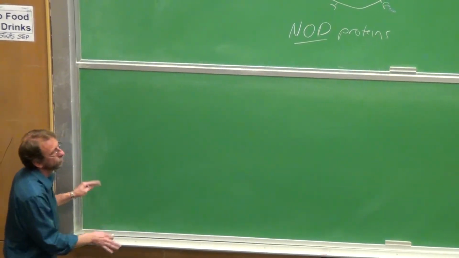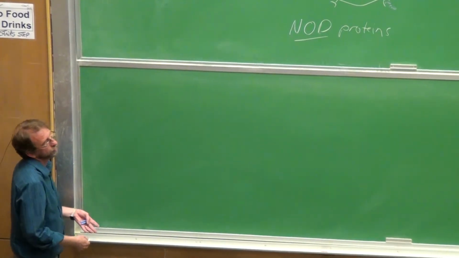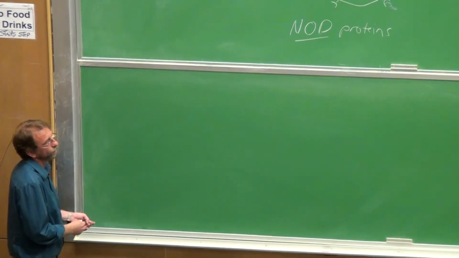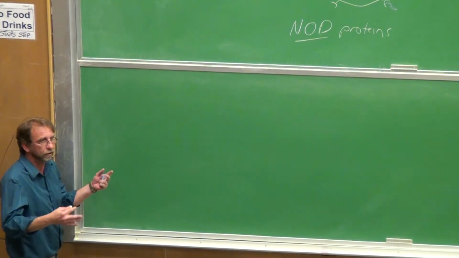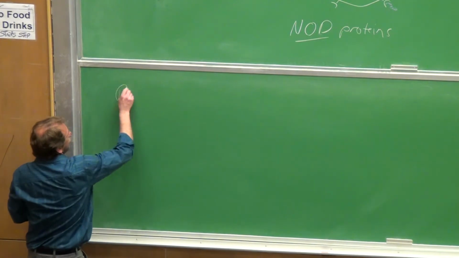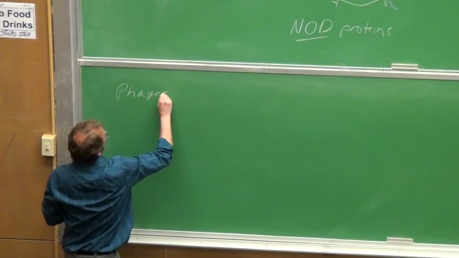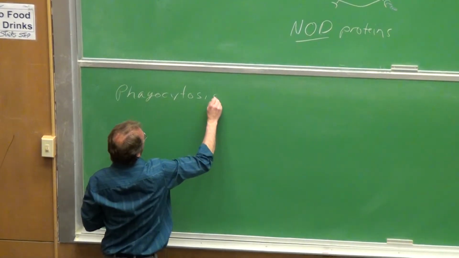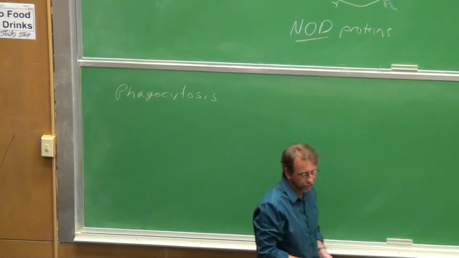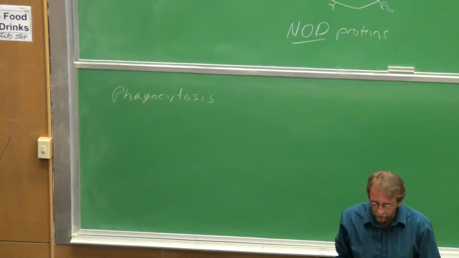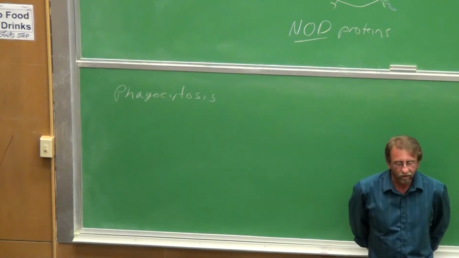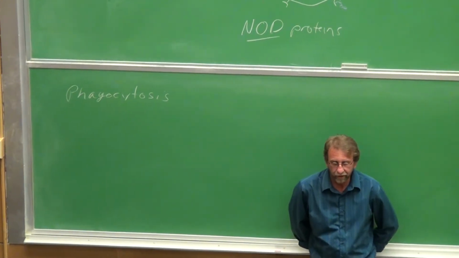One of the important roles in our innate immune system, mainly for the macrophages, but the neutrophils also, is phagocytosis. So I thought we'd take a minute and talk about phagocytosis. You know, generally it's the engulfment and digesting of material.